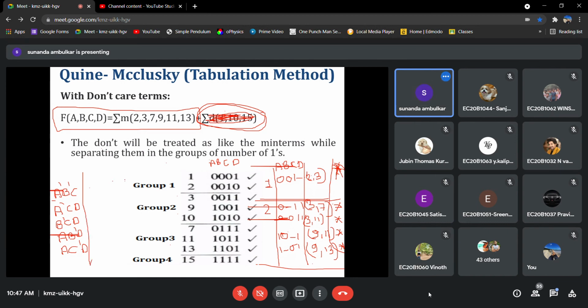And the combination which belongs to each prime implicant is 2 3 here, 3 7 here, 3 11, next is 9 11, and 9 13.